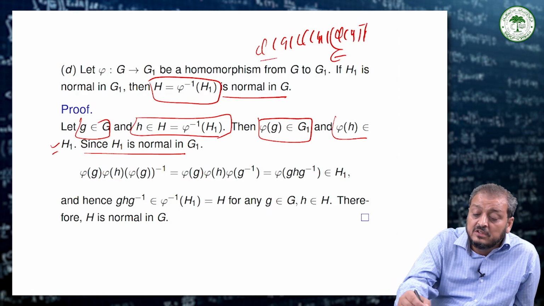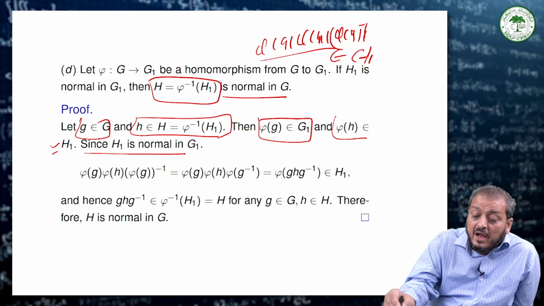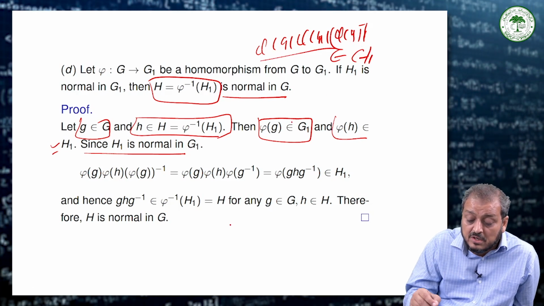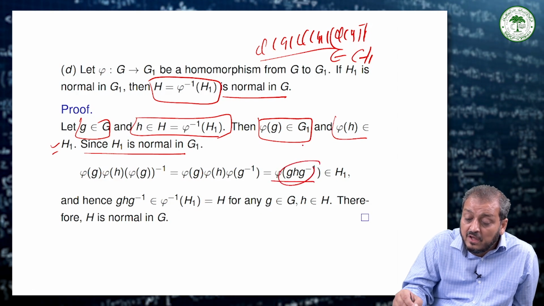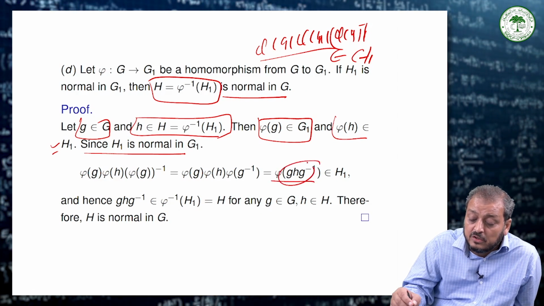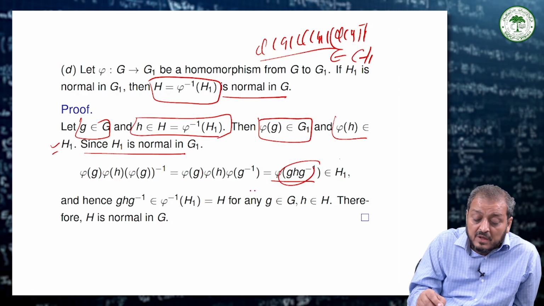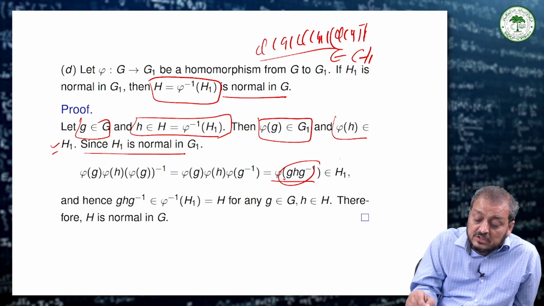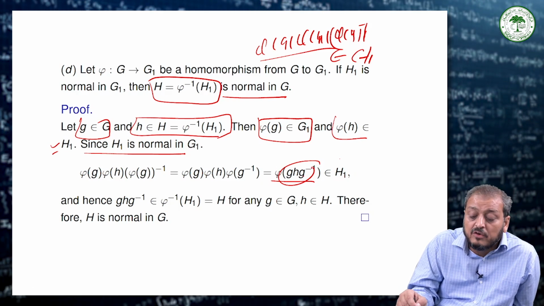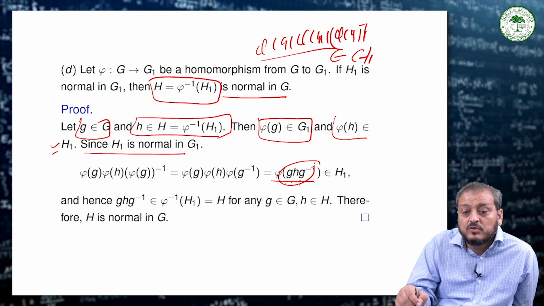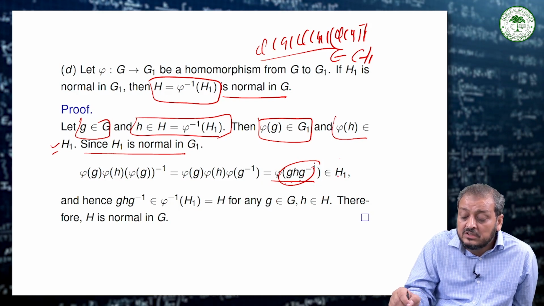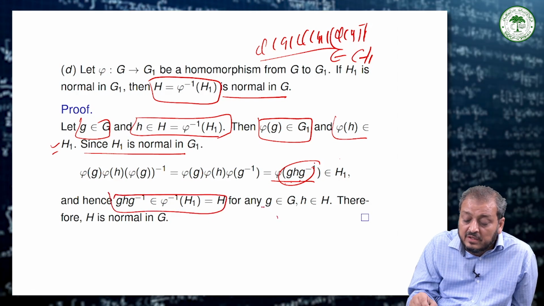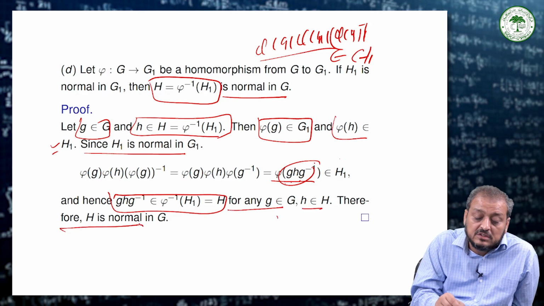We have to show that this is an element of H1, and clearly this is by normality. So this is an element of H1. If g inverse is an element of H1, then g inverse is an element of phi inverse H1, and phi inverse H1 is equal to H, and then for any g, h, therefore H is normal in G.